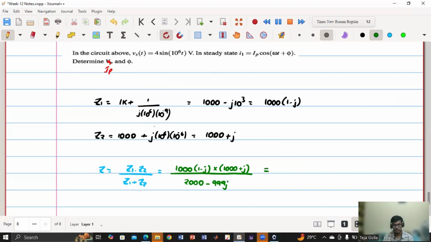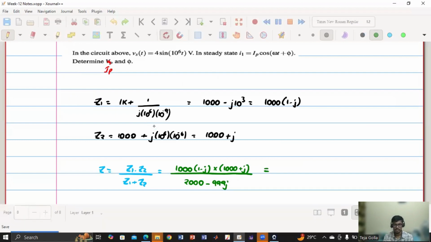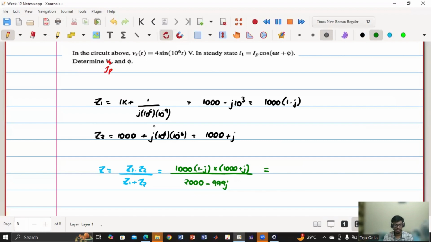Calculate the impedance and let me know in polar form, which is R angle theta. 632.5, okay, 632.5 angle minus 18.4.